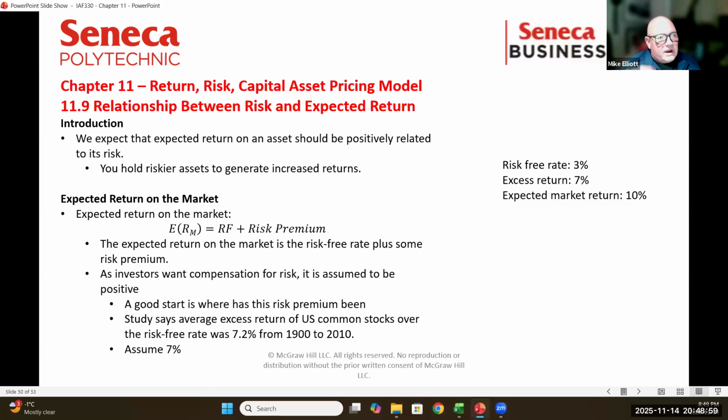The risk premium for stocks in that 110 years is about 7%. It's 7.2%. So we're going to assume it's about 7%. For 110 years, without taking any extra risk, you should have generated about 7% a year.